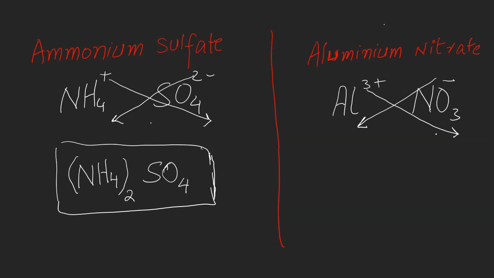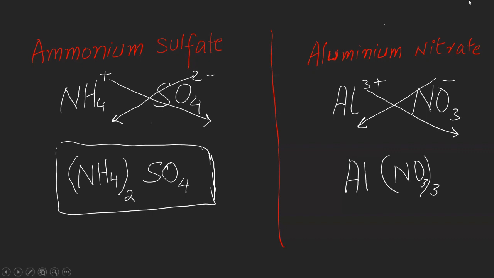That becomes 33. We don't want that. So we need a bracket. Aluminum is 1, so we don't write anything. For nitrate, first we need to have it in the bracket, and then 3 outside. So in the crisscross method for multi-atomic ions, if there is more than one, we need to have a bracket first and then write the number.